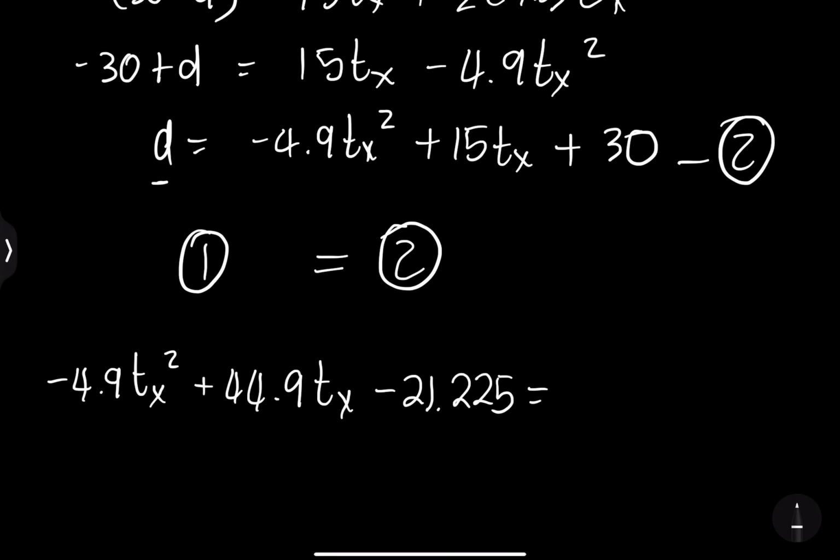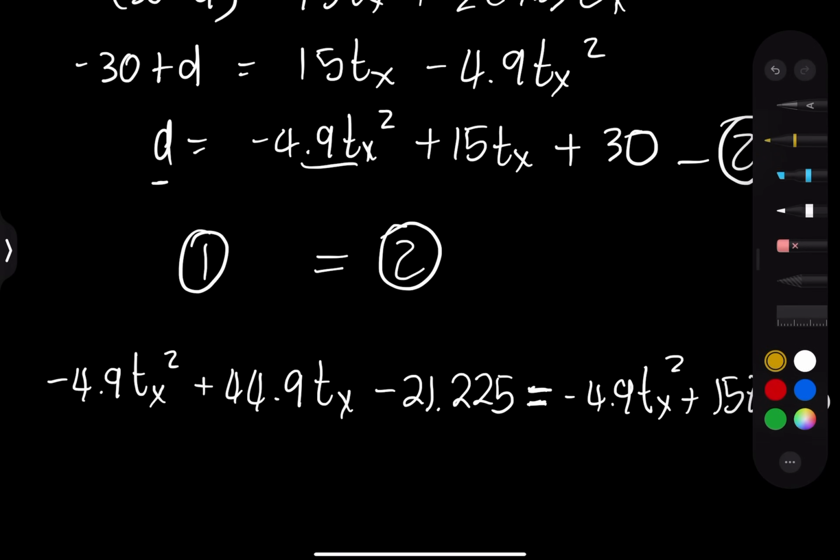And then on the other hand, on equation 2, we've got minus 4.9 tx squared plus 15 tx, plus 30. Okay, sorry about that.